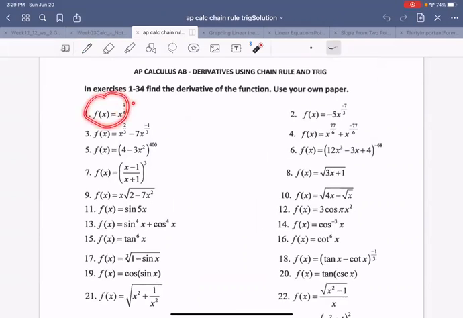That guy, this is easy. Doing this guy's derivative, you do 9 over 4 times x to the power 9 over 4 minus 1. Too easy. This one, -5 times -7 over 3 times x to the power -7 over 3 minus 1. Too easy.